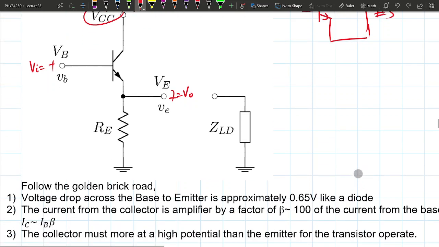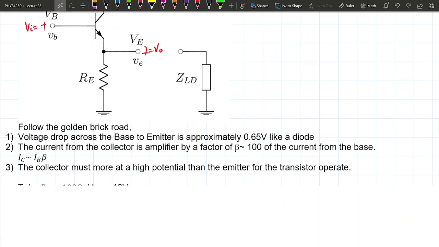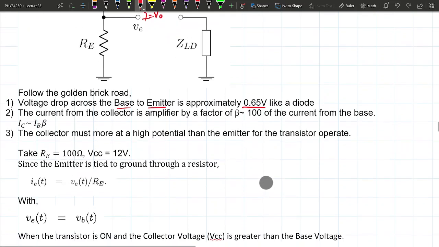Once again, we're going to apply the golden rules. The voltage between the base and the emitter has to be 0.65 volts, just like a diode. And the current gets amplified by a factor of beta, which for our transistor is going to be 100.